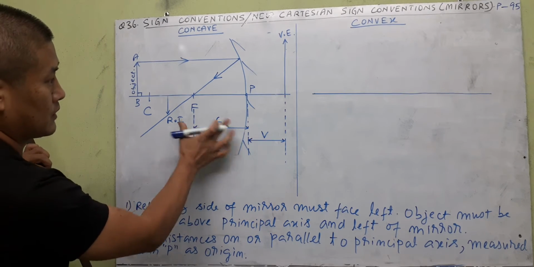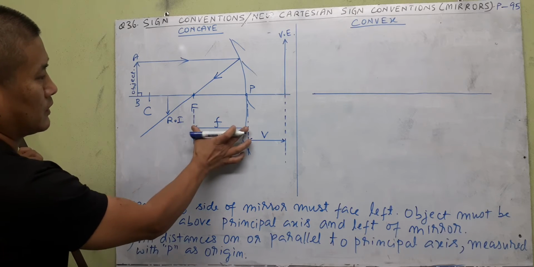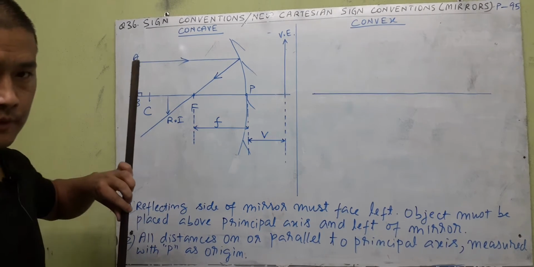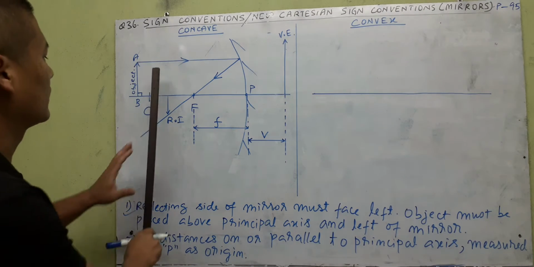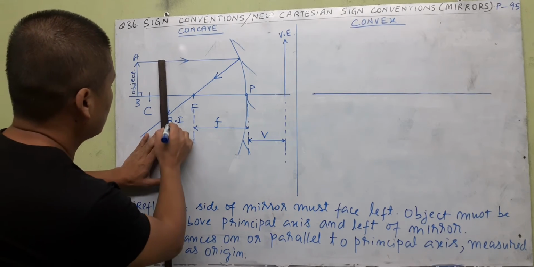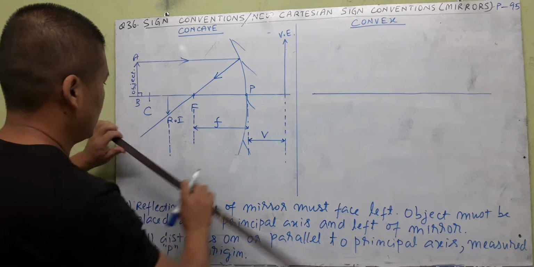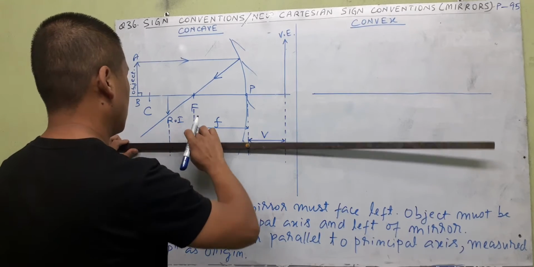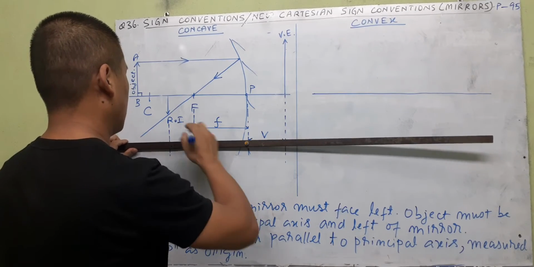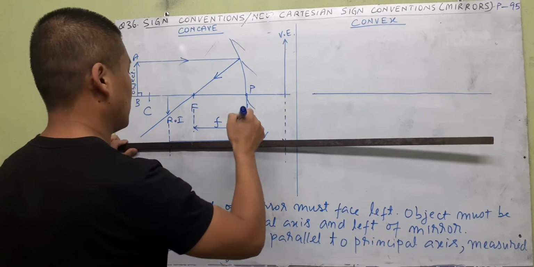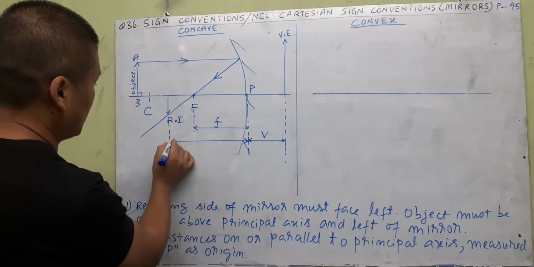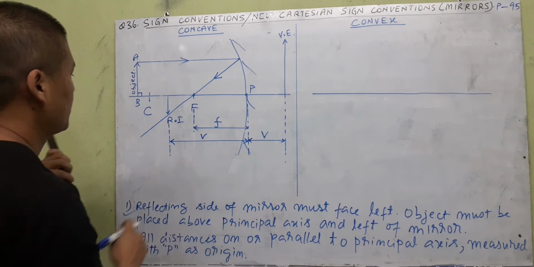This point is the focus, but the distance between P and F, we have learned in our previous class, is the focal length. Then the distance between the mirror and this real inverted image, you also mark it likewise, is called image distance V.